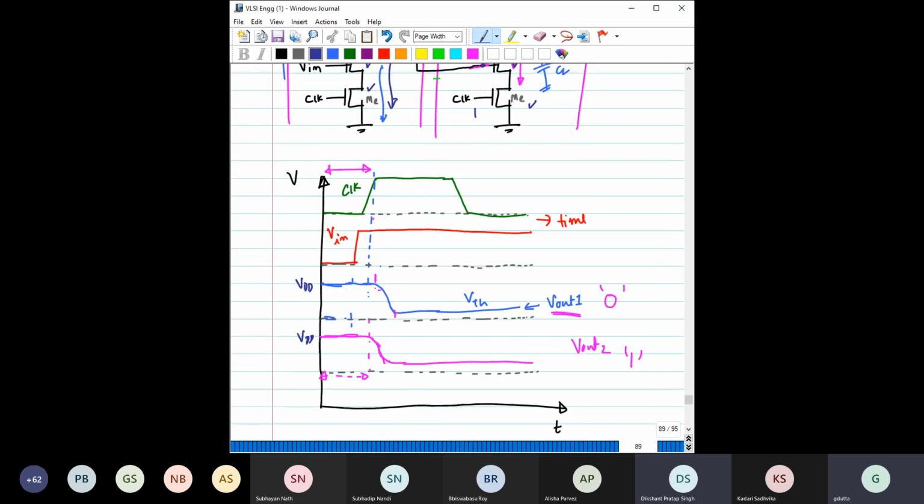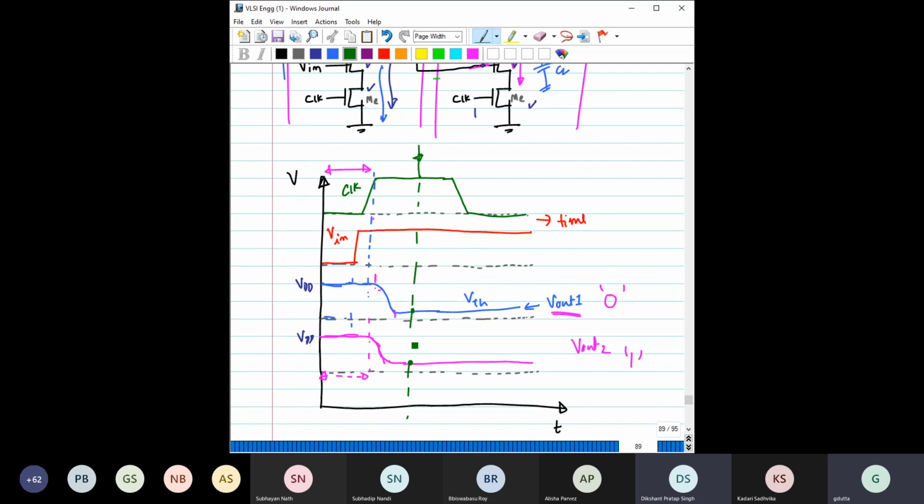Now see what the scenario will be during the steady state condition. Say we have reached the steady state at this time. Here we are still in the evaluation phase. V in is 1, and Vout1 is this value, which is quite close to 0.